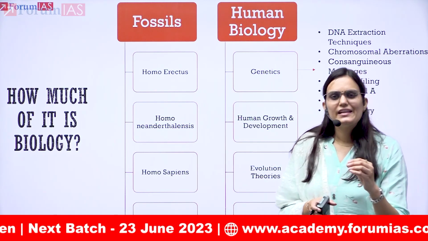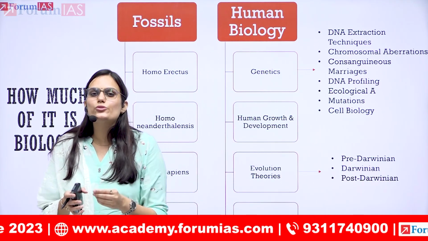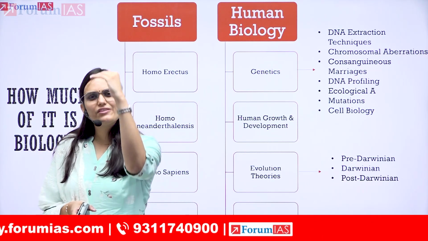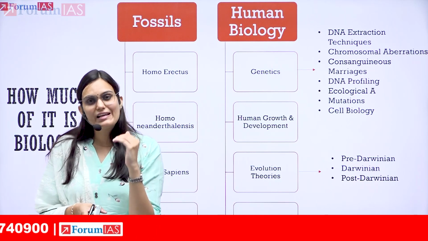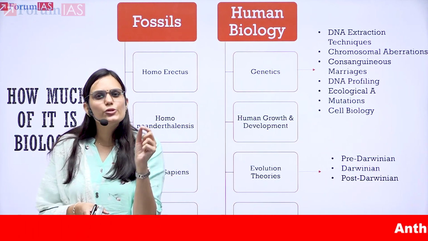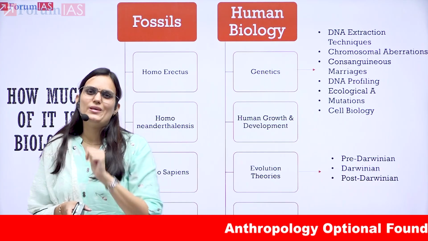In the first part, as I was just pointing out to you, we'll be talking about how evolution happened over a period of time, how gradually we have moved from one species to the next species, and while that gradual movement happened, what kind of evolutionary paradigms happened which made us Homo sapiens.